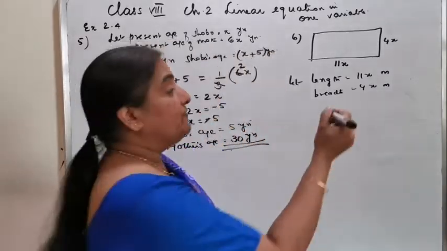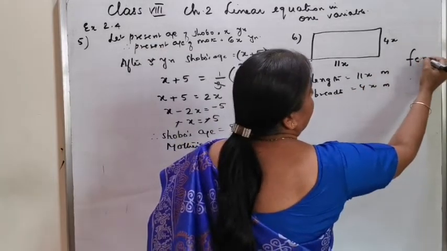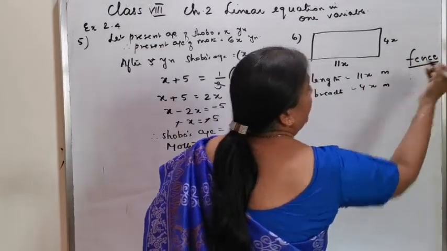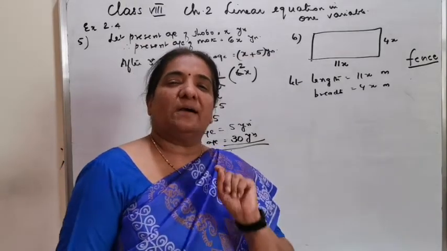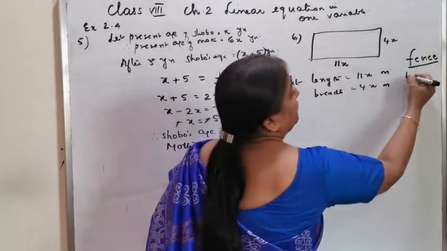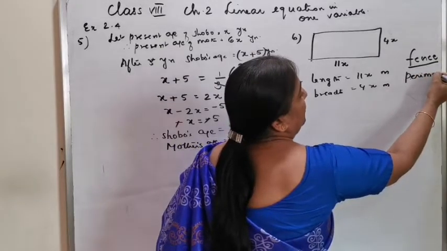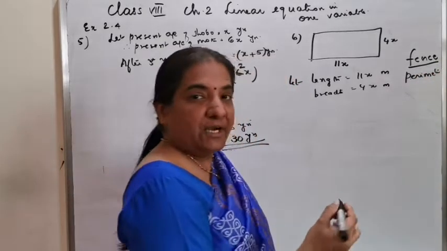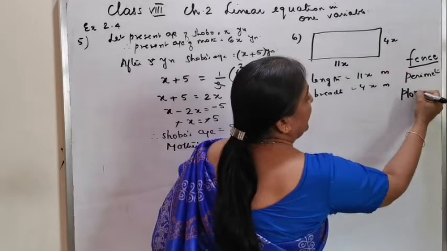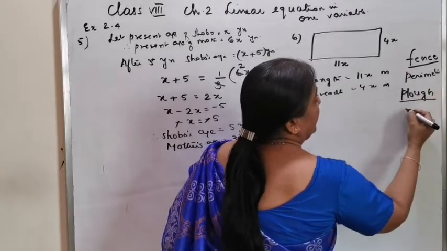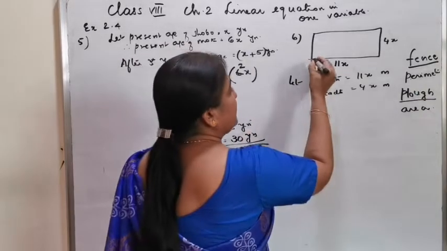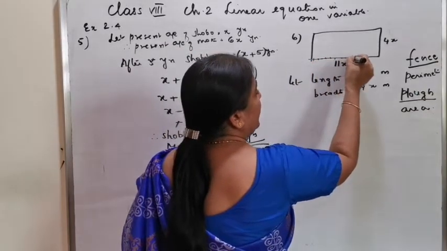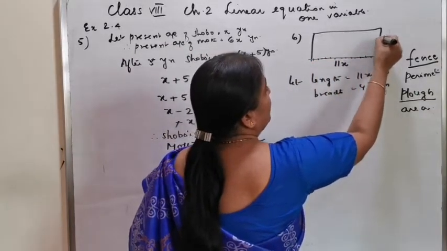Underline the word fence. The word fence is giving you a clear idea that perimeter has to be found out. If the word is plough the field, immediately it will give the clue of area. The fencing will be done only along the boundary.